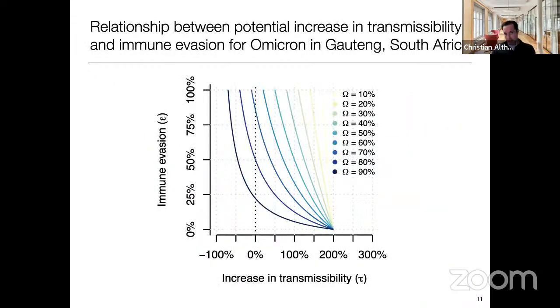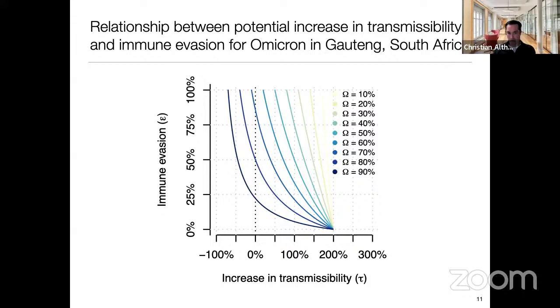Now let's look at the relationship between a potential increase in transmissibility and immune evasion for this new variant Omicron in Gauteng in South Africa. So these results are based on a mathematical model that is informed by this growth advantage of Omicron from the province of Gauteng in South Africa.